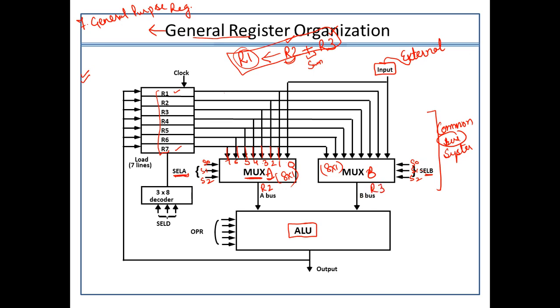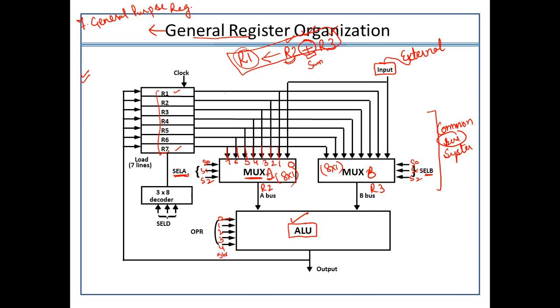Then after that, what I need to perform is the micro operation. In order to process the data, I will be using the arithmetic logic unit. Now again, how will my system determine whether it has to perform the sum or addition, subtraction or any kind of micro operation? So I will be using this 5-bit OPR code, 0, 1, 2, 3, 4.